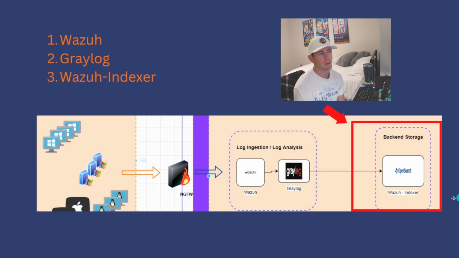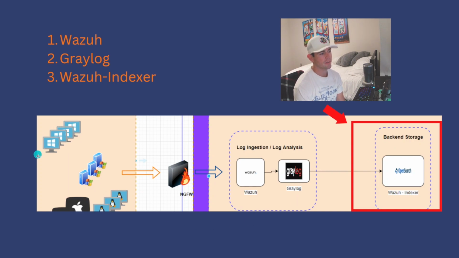So what we're going to focus on in this video, again, is deploying the back-end storage of our SIEM stack, and that's going to be our Wazuh-Indexer. Stripping out a bit of the high level architecture overview that we went over in the previous video, the flow of what will actually be writing to our backend storage is going to be Graylog.